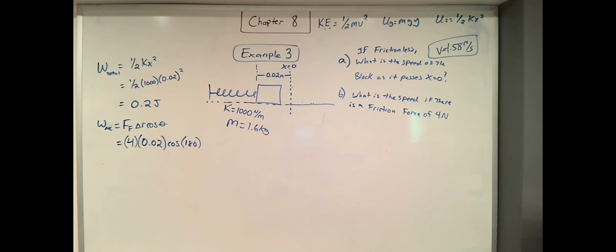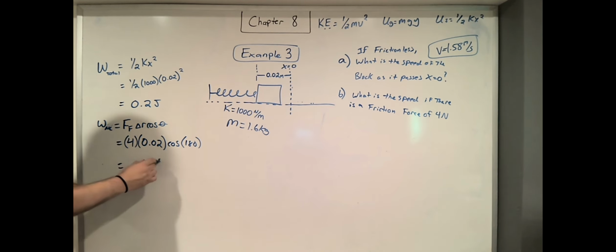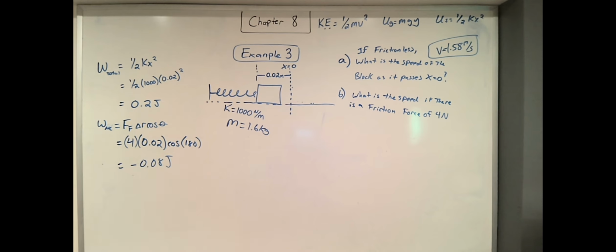So that friction force is going to have a cosine of 180. All right. What does that give us? That means that we are going to lose 0.08 joules of energy due to the friction force.